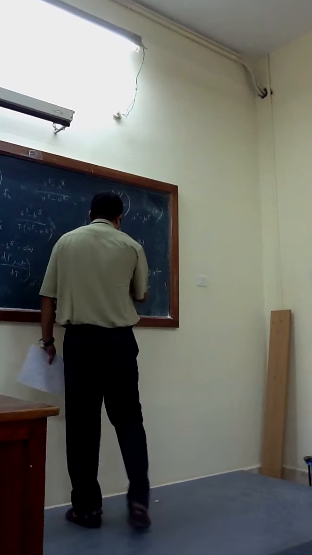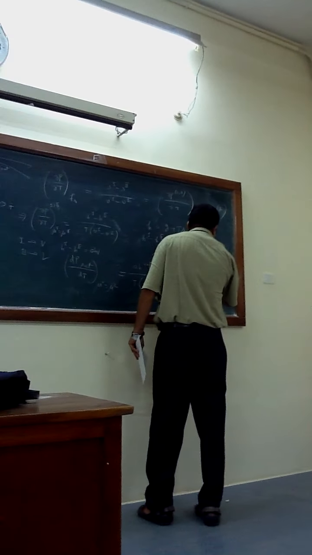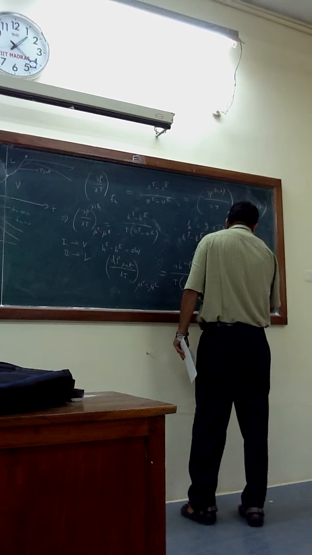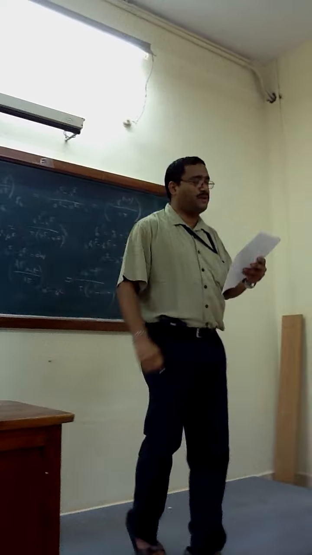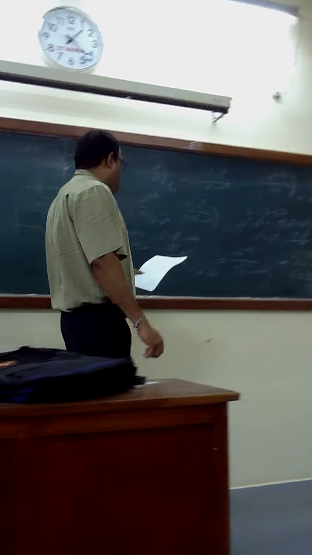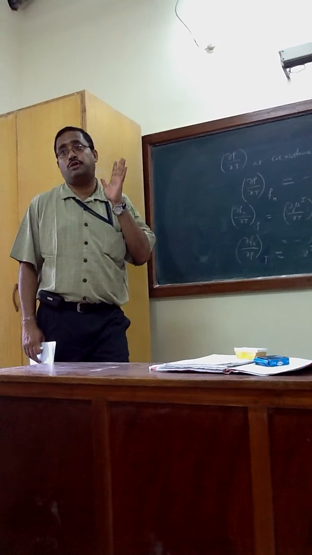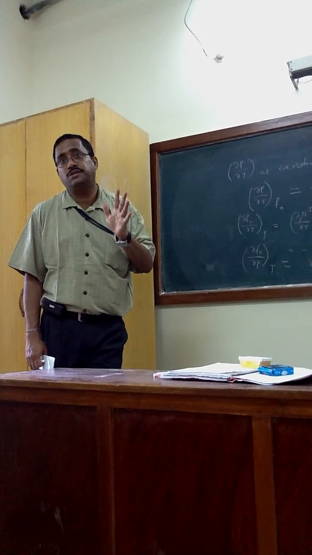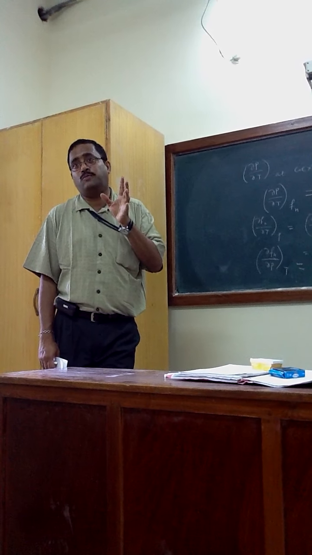And if my saturation pressure is low, I can assume that vapor behaves ideally. That means at low pressure we can assume VV as RT by P. It is not valid for high pressure. That means you can see the limitation of the Clausius-Clapeyron equation. At low pressure, we assume that the volume of vapor is much higher than the volume of liquid.